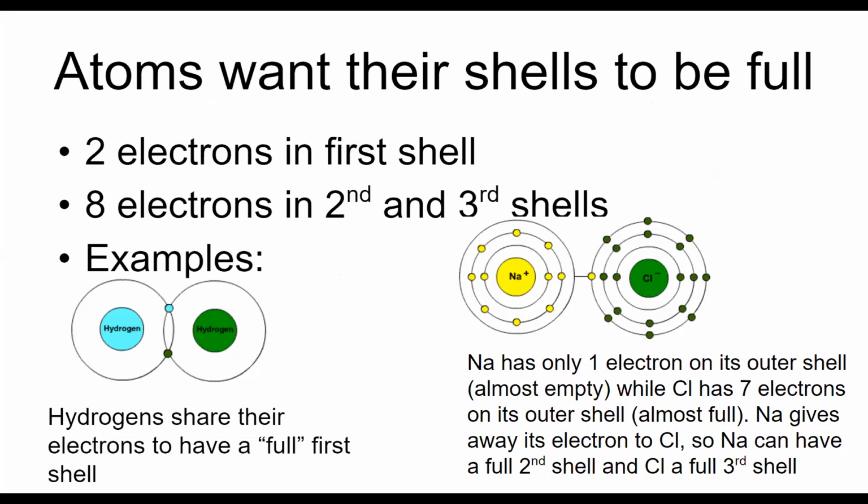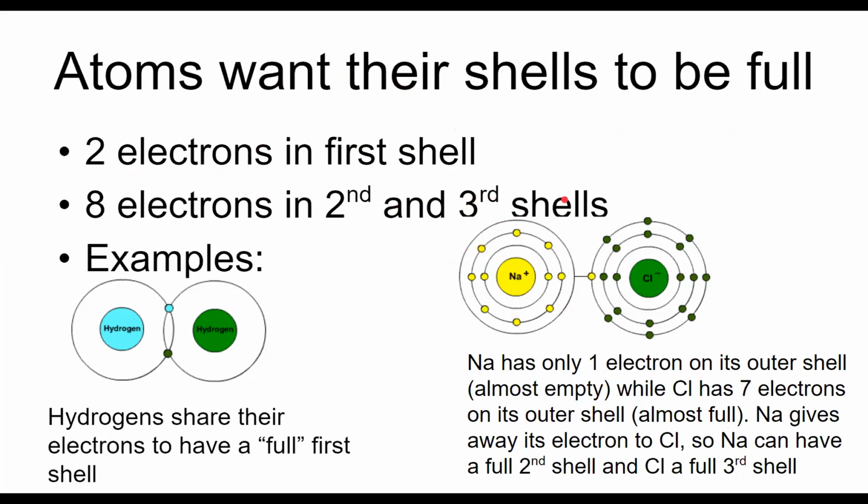But the way that I like to think about it is that atoms are really happy, meaning really stable, when their shells are full. So in my mind, it's almost like the atoms really, quote unquote, happy when they have full outer shells, whether that's a shell of 2 or a shell of 8.